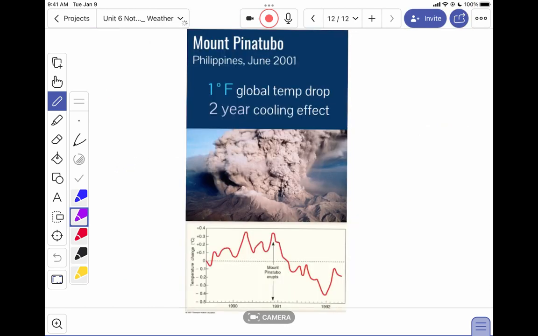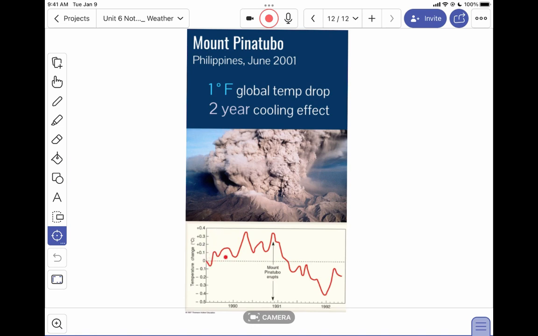I'll look for my last graphic. So they have evidence throughout history of these gigantic eruptions. This one is 2001. You can see a picture here of Mount Pinatubo in the Philippines. And the temperature in degrees Celsius, so it's 0, not changing much.